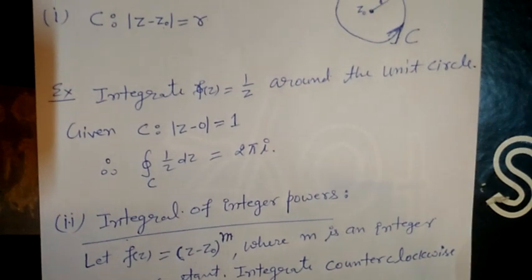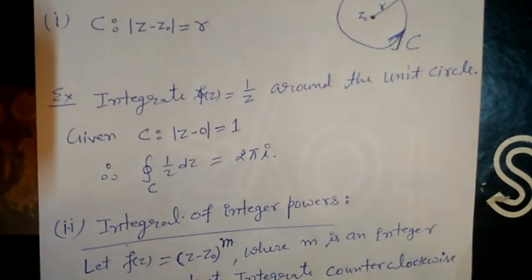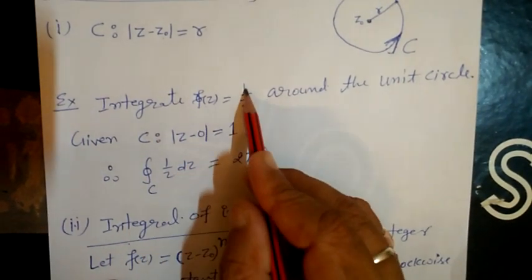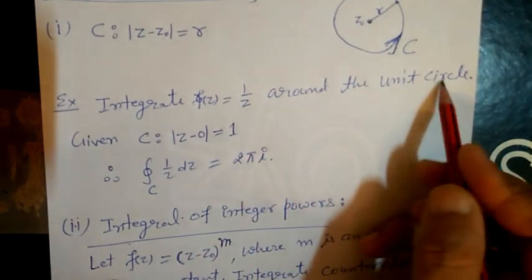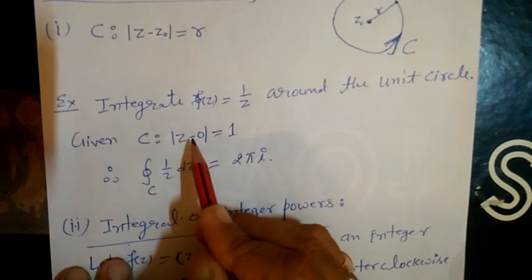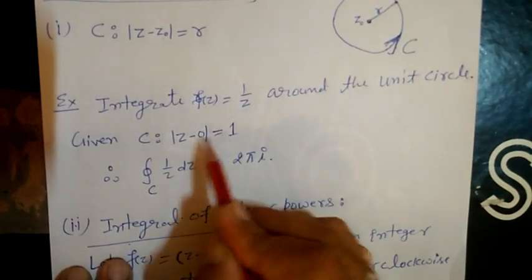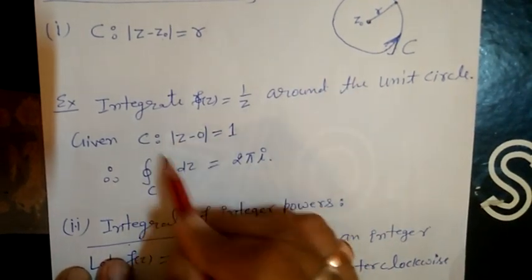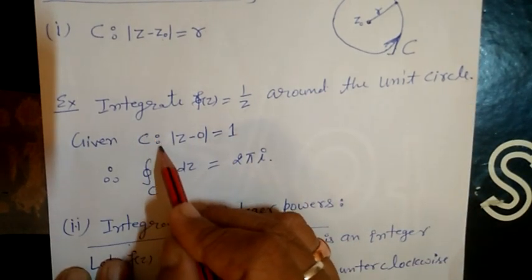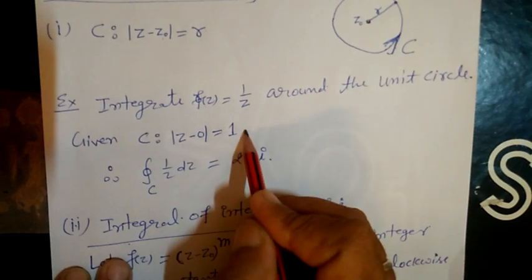Taking a basic problem based on the closed circle: integrate the complex valued function f(z) is equal to 1 upon z around the unit circle. Around the unit circle means this is a circle C. Unit means radius is 1 and center is 0. So the closed circle C is defined as mod of z minus 0 is equal to 1.